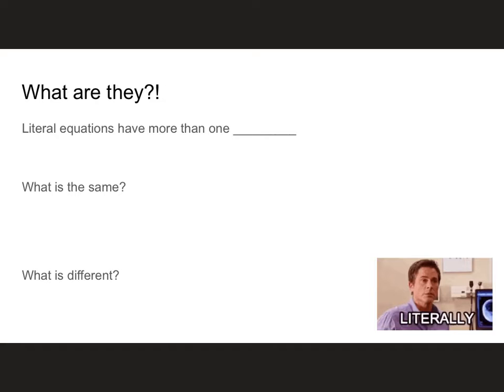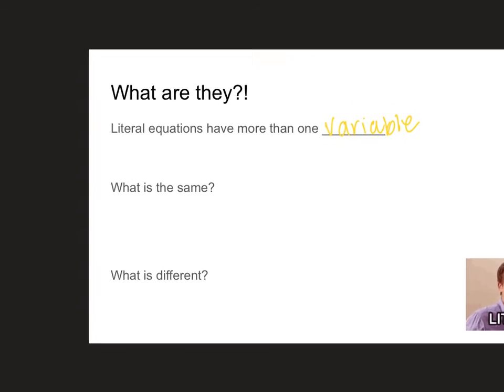So what are they? Literal equations are equations that have more than one variable. How are they alike other equations and how are they different? I think finding something that's the same and different is helpful in order to understand things.